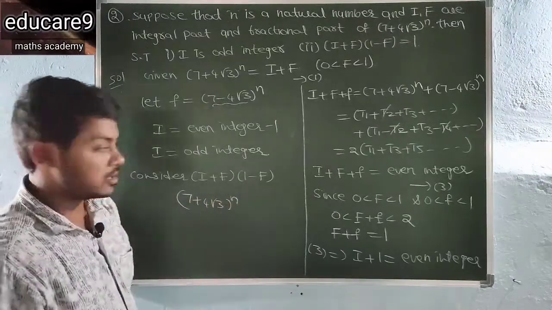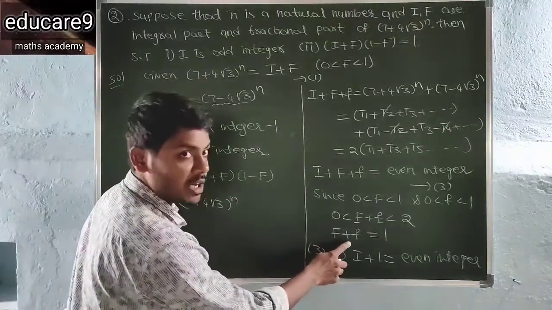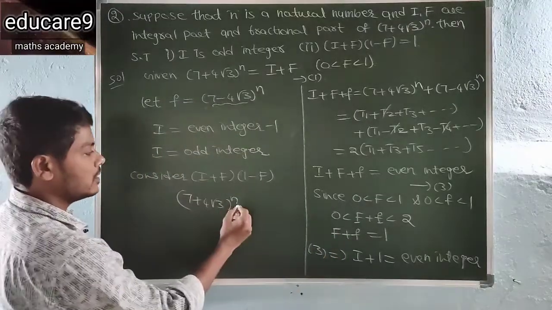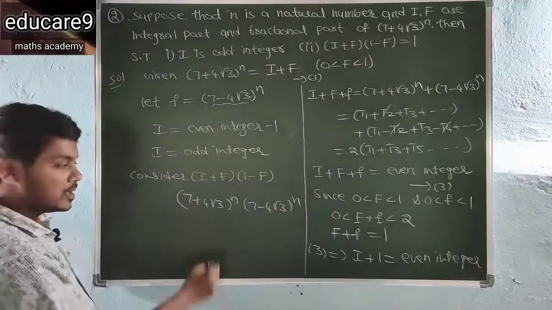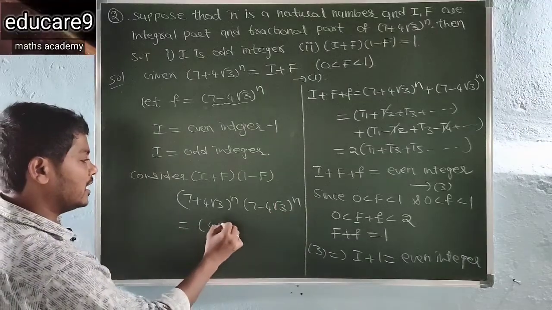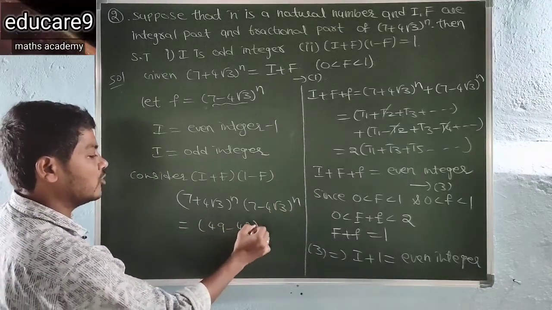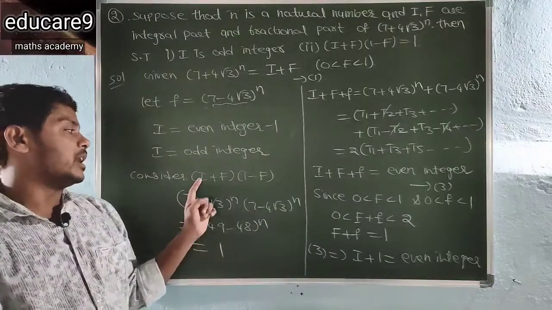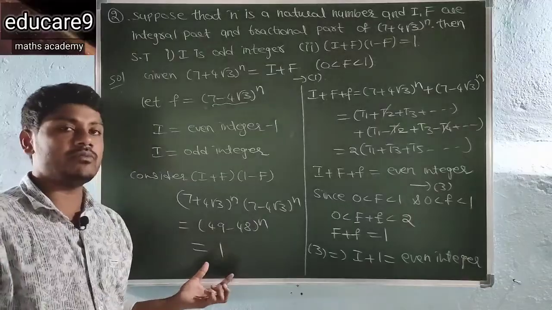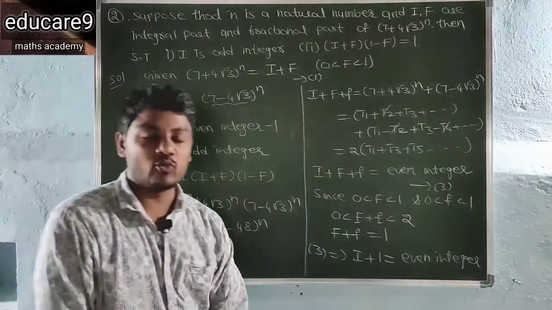And 1 minus capital F value is small f only now. So what is small f? (7 minus 4 root 3) all to the power of n. So this is (49 minus 48) all to the power of n. This is 1. So therefore (I plus f) into (1 minus F) value is 1. So this is the required answer.